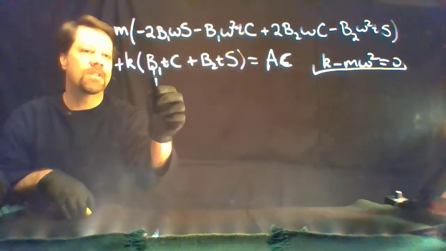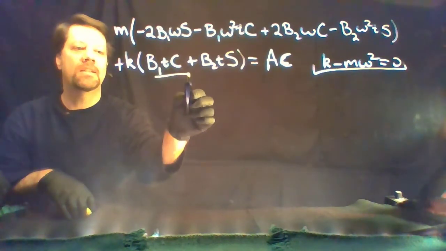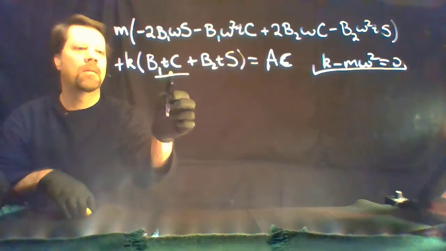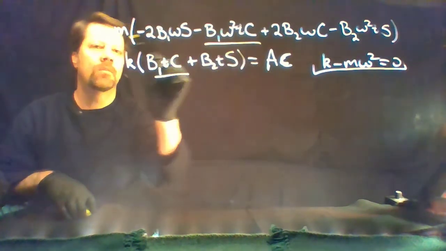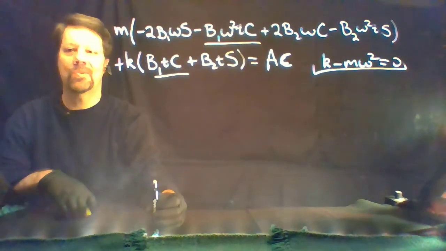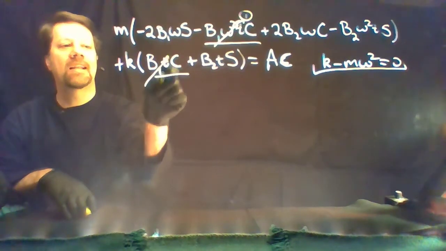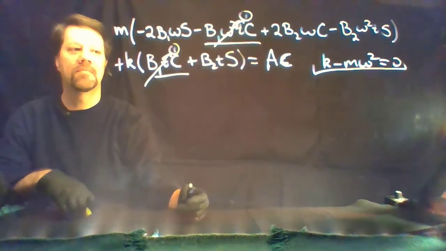So if we, for instance, note that here on this b1 t cosine term, we have a factor of k. On the corresponding term up here, we'll have m times omega squared. So this term will exactly cancel with this term because of this identity here.